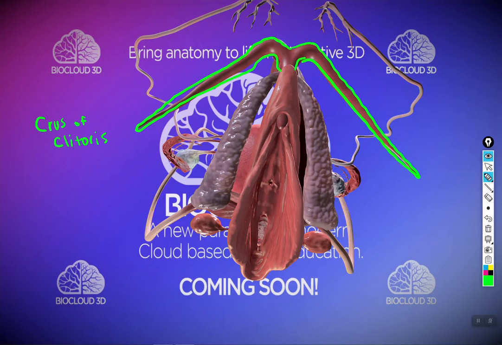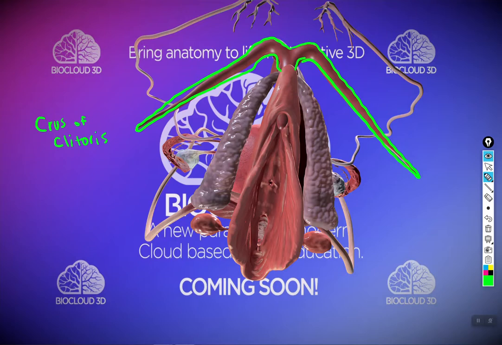These are analogous to the other erectile tissues of the penis, the corpora cavernosa, which are not the glans part. So still erectile tissues, meaning tissues that fill with blood and become engorged and turgid. Turgid meaning stiff due to hydrostatic pressure inside. So they become engorged and turgid during the arousal phase of the human sexual response, just like a penis does. It's just a slightly different shape and a smaller version.